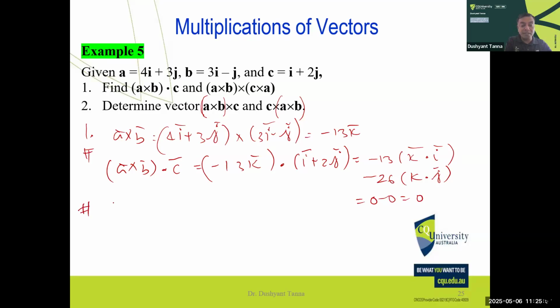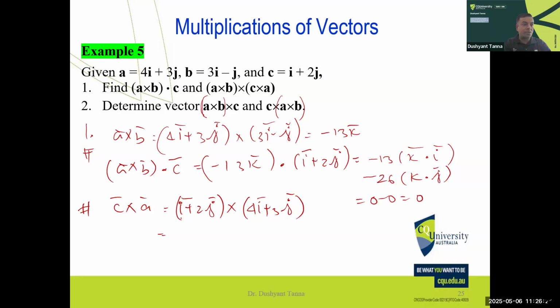C cross A. So let me obtain C cross A, because I already have A cross B. So C cross A is i plus 2j cross 4i plus 2j. First with last, last with first. So 3 minus 8. 3 minus 8.